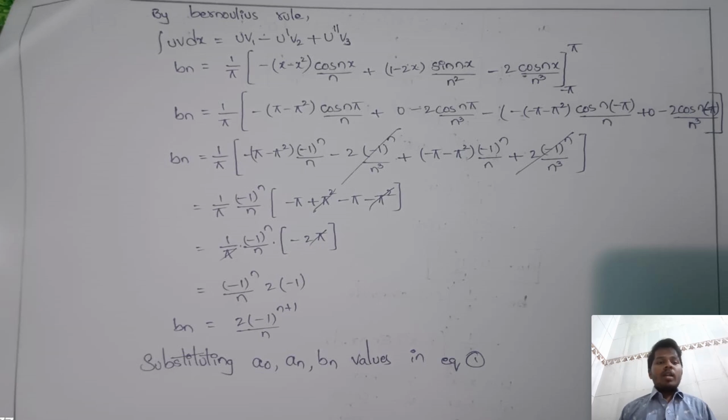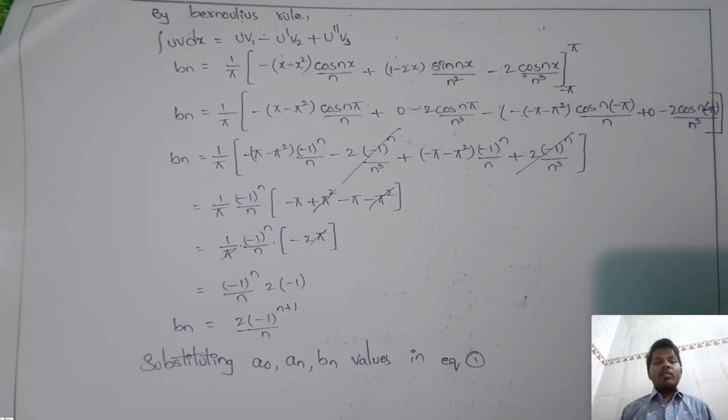So the bn value is 1 by pi integral minus pi to pi of x minus x square cos nx by n plus 1 minus 2x sin nx by n square minus 2 cos nx by n cube.